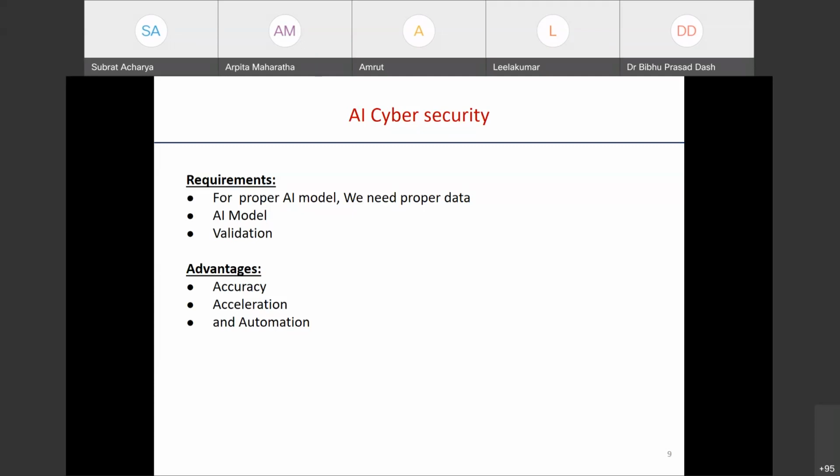So how do we minimize that time gap? That is the acceleration. What I mean is the time taken to detect and protect. Then over and above that, it takes automation. The final term is that instead of doing manual action for any kind of threat analysis, we are building an automated mechanism. And the key factor, as I repeat once again, is that it needs proper input data.